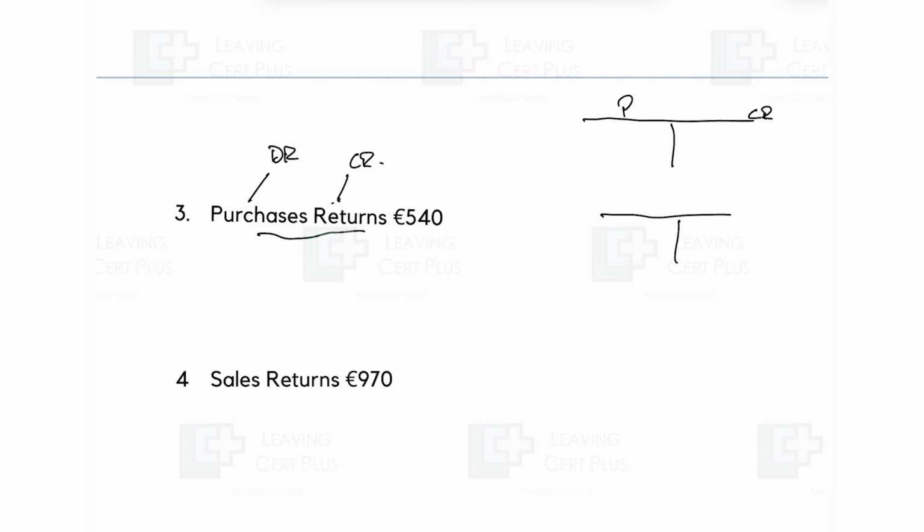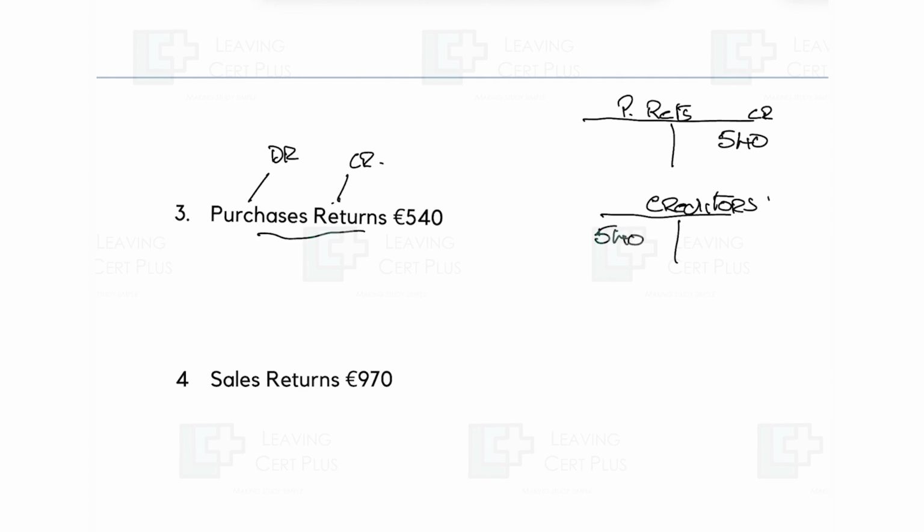So your purchases returns, just put P returns there, is going to be credited with 540 because the goods are going out of the business, back to the people that you bought them from. You bought these goods on credit from creditors. So it's into creditors, out of the business, goods, purchases returns.